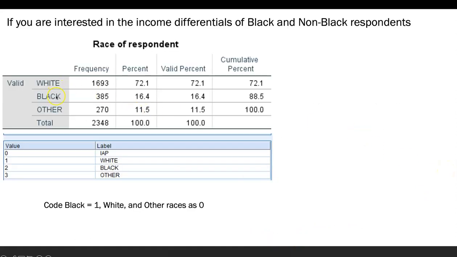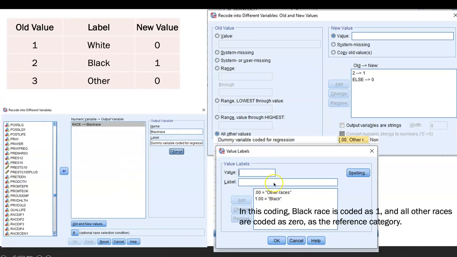The white, African American, and others. The coding scheme is 1 is white, 2 is African American, 3 is other races. So we will use the coding scheme where African American is coded as 1, and white and other races are coded as 0 as a reference group. So 1 in the original variable, white, will be 0; 2 in the original variable, the African American, will be 1 as our target category; 3 in the original variable, other race, will be 0, that will be the reference category in our new variable.